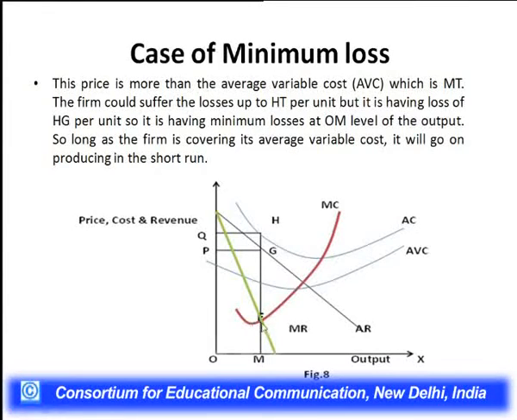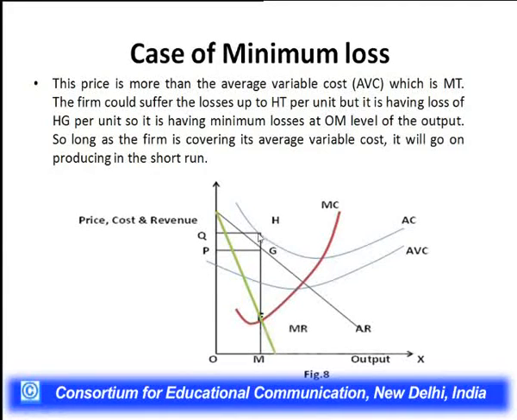So MC is equal to MR at point E, where the output produced is OM, and accordingly the price is OP or MG, but the average cost is MH or PQ. So the loss is PQ per unit and the total loss is PQHG, but this shows that this is the minimum loss.